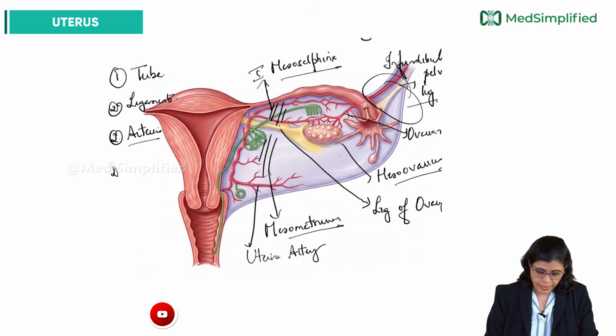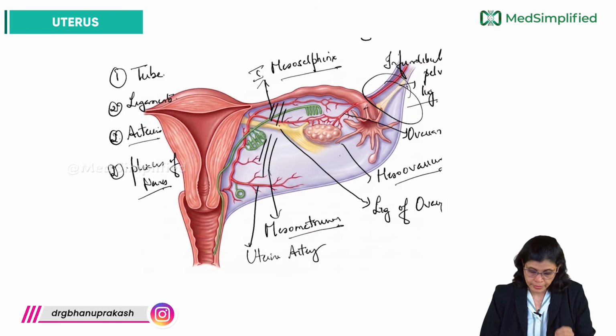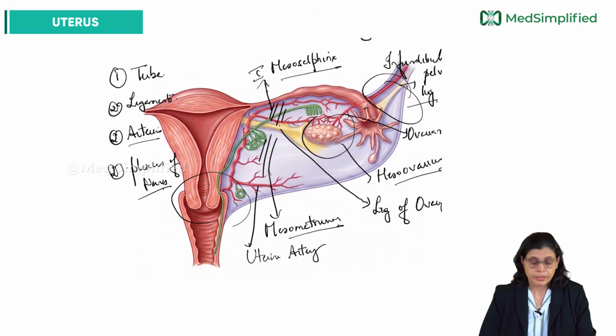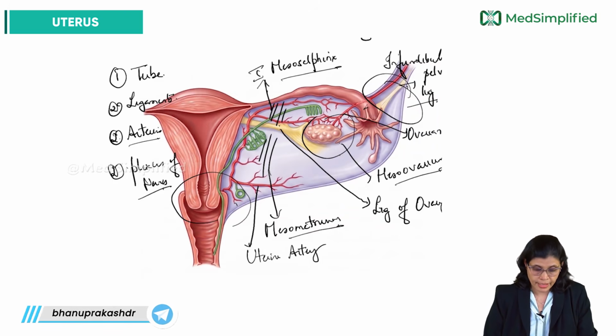Then we see two plexus of nerves, which include the uterovaginal plexus around here, and the other one, the ovarian plexus around the ovary. Two plexus of nerves, and then we see three embryological remnants.